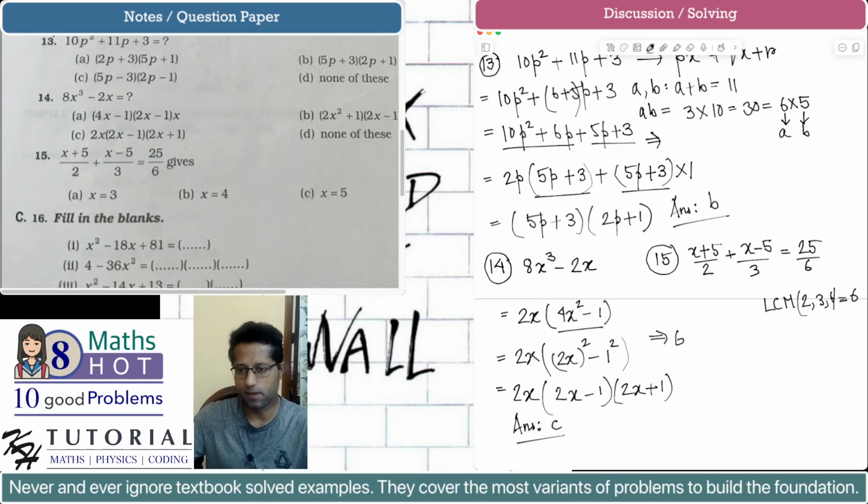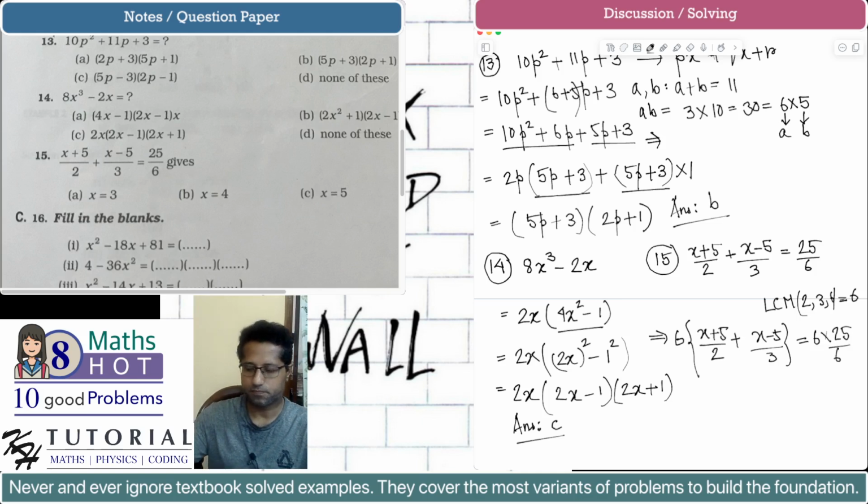So we multiply the LHS, x plus 5 by 2 plus x minus 5 by 3, and the RHS, 25 by 6, with 6.